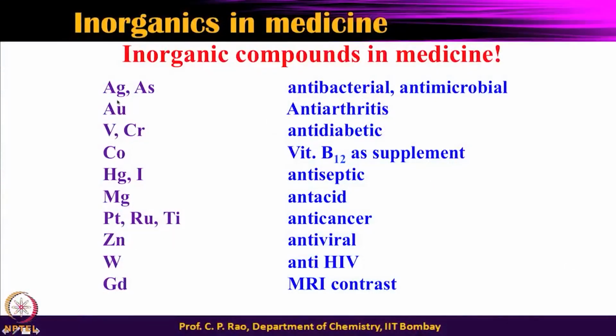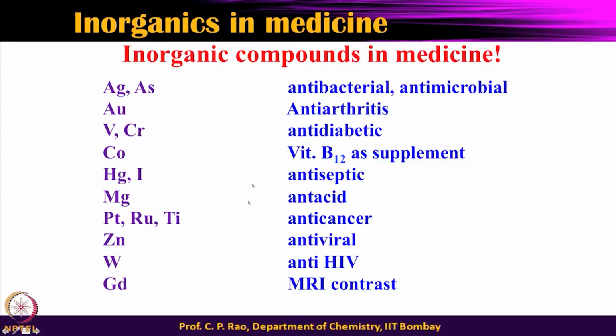Now, we can take such inorganic compounds or simple inorganic compounds. These have found a great importance in medicine. See this particular slide: compounds based on silver, arsenic, which we think is a poison, gold, vanadium, chromium, cobalt, mercury, iodine, magnesium, platinum, ruthenium, titanium etc., zinc, tungsten, gadolinium.